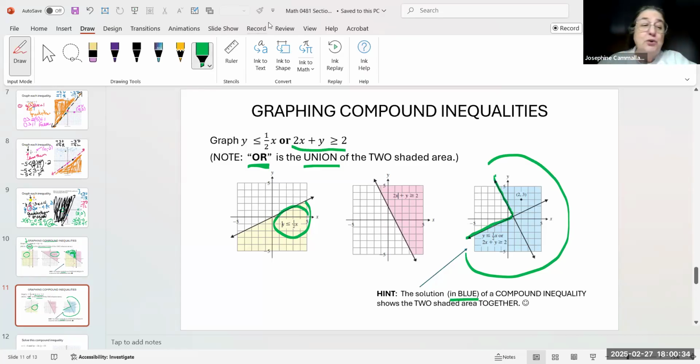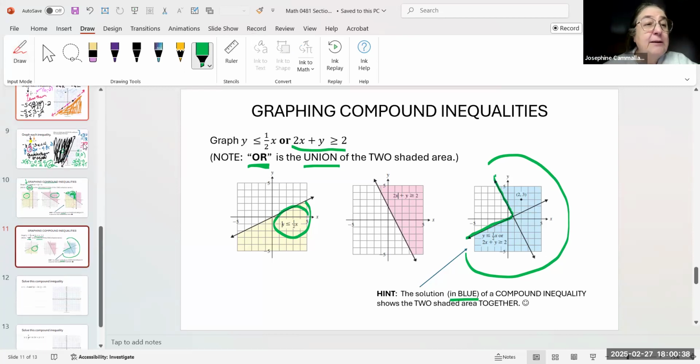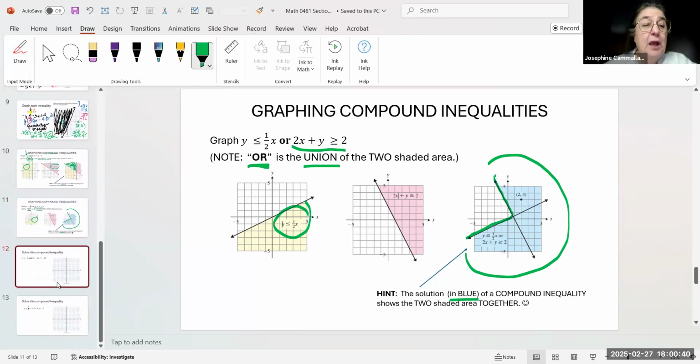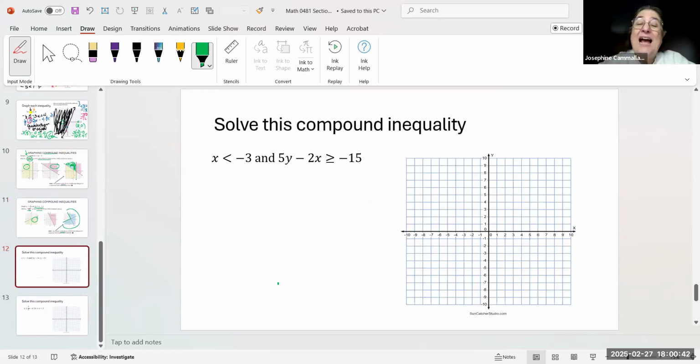Now, we're going to do some examples here. I'm going to do an and and I'm going to do an or. I like to use highlighters with this because it makes it easier for me to see. First off, this is an and.